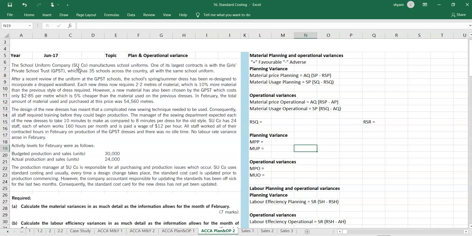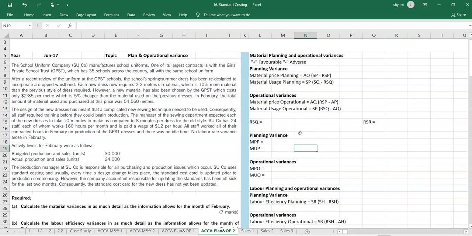The school uniform company, SUCO, manufactures school uniforms. One of its largest contracts is the Girls Private School Trust, which has 35 schools across the country, all with the same school uniform. After a recent review of the uniform at the GPST schools, the spring-summer dress has been redesigned to incorporate a dropped waist band. Each new dress now requires 2.2 meters of material.